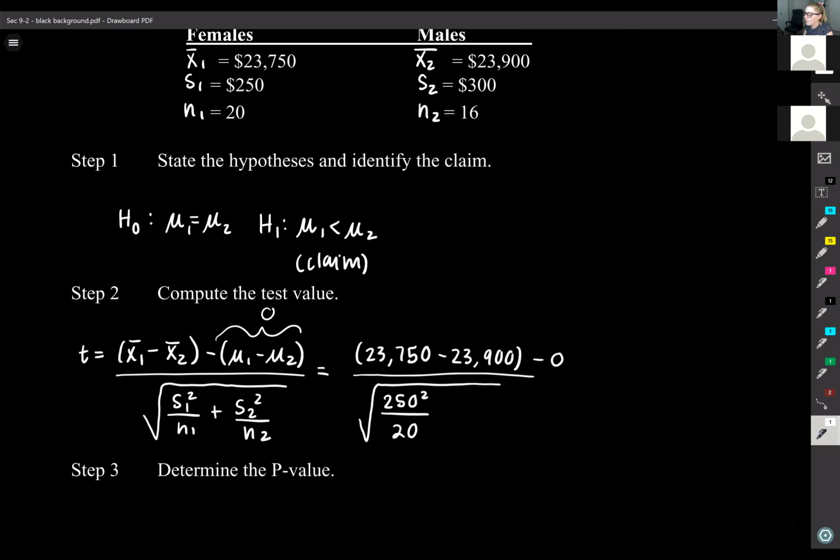And here's a good example where we have two different sample sizes. So when we go to find the degrees of freedom, we'll have to pick the one that is smaller. But we're not there yet. The standard deviation of the second sample is 300. So we do 300 squared over 16. That's the sample size there. So let me plug this into a calculator.